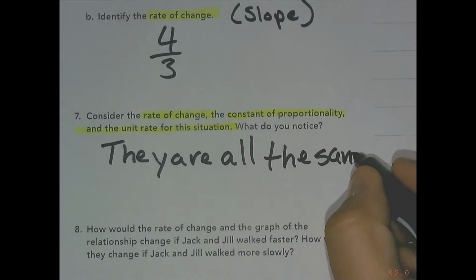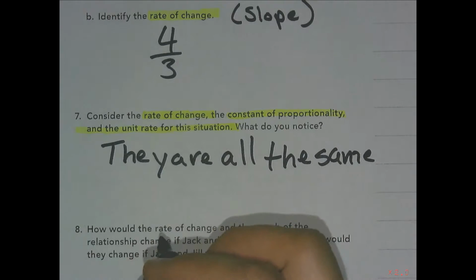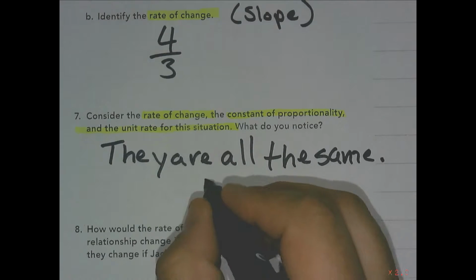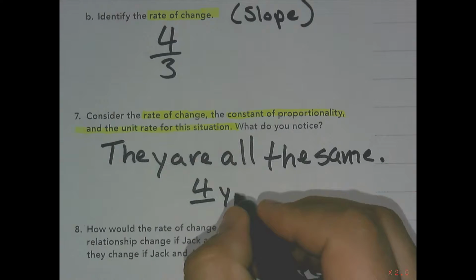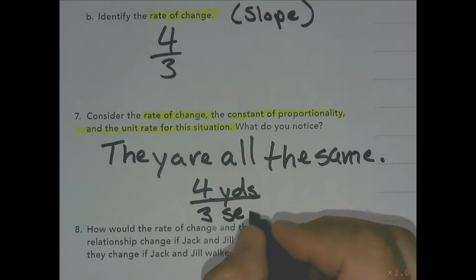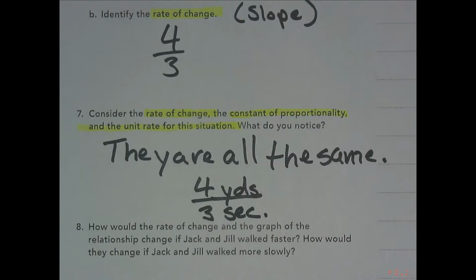You could call it a unit rate if you consider 3 seconds 1 unit of time. Okay, so they're all the same. It's a constant of proportionality because the rate that they travel is the same speed. For every 3 seconds, they're going to go up 4 yards.